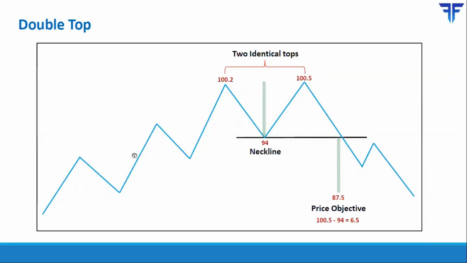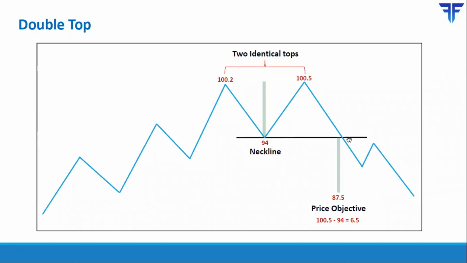So briefly recapping, a double top pattern is a pattern in which you have two identical tops which are roughly at more or less the same level, and those two tops are interspersed by an intervening low. So these two tops, 100.2 and 100.5, are interspersed by this intervening low at 94.